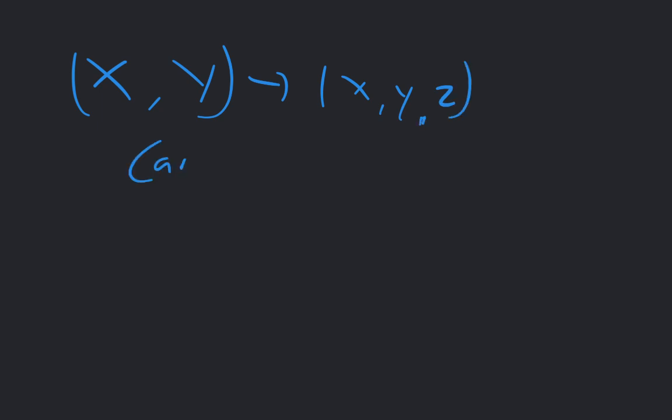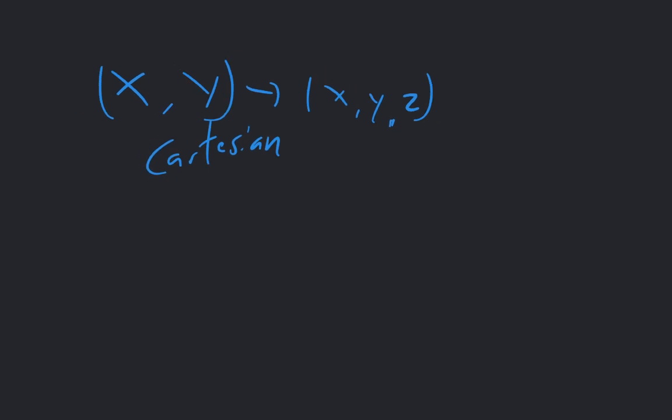In math, you generally learn about x and y. Eventually you learn x, y, z, and this is known as the Cartesian coordinate system. But there are many others.